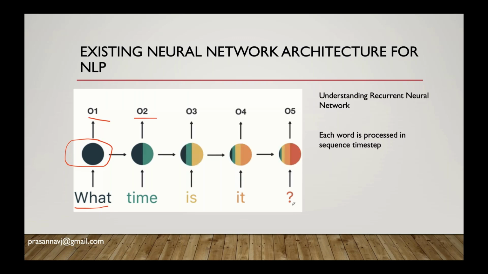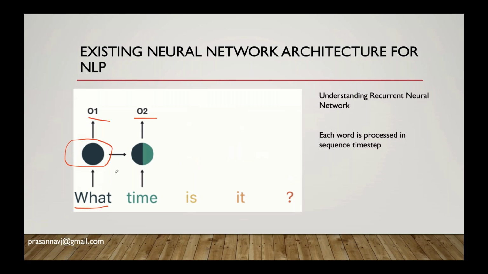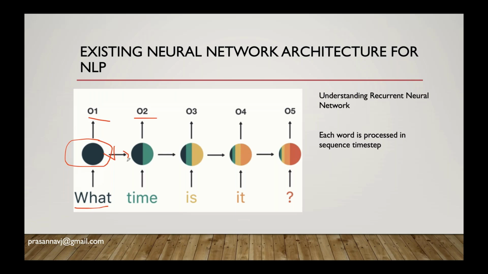This is a statement that we want to process using the RNN. How will it process? On the first time step, it will take "what" and it will understand it. In the second time step, whatever it has processed, it will send to the second time step. Along with this, it will also take the second item.